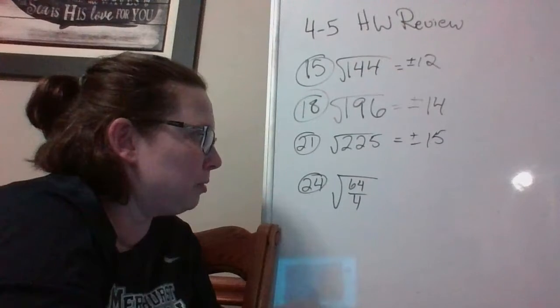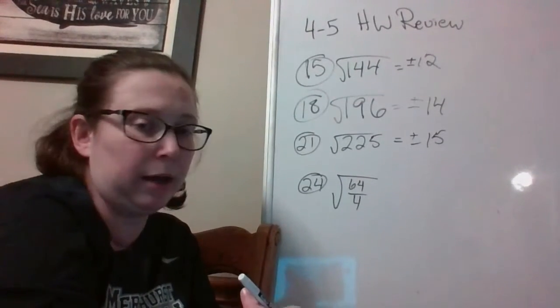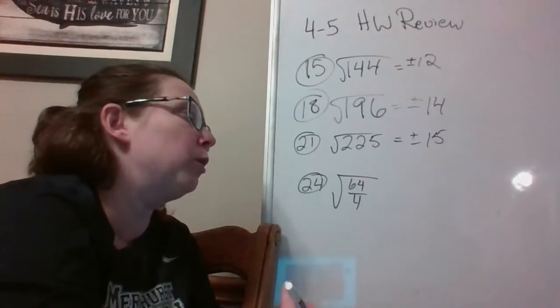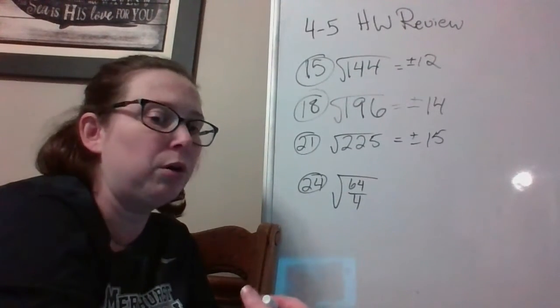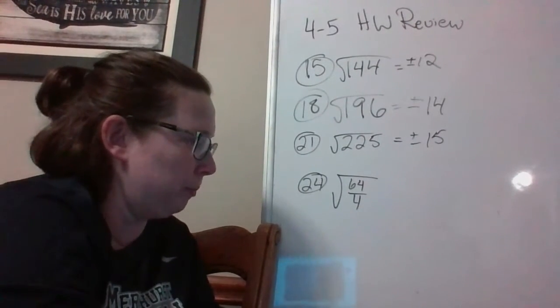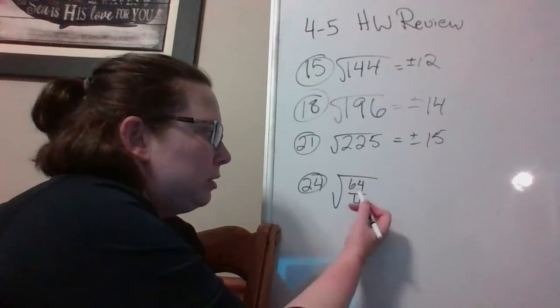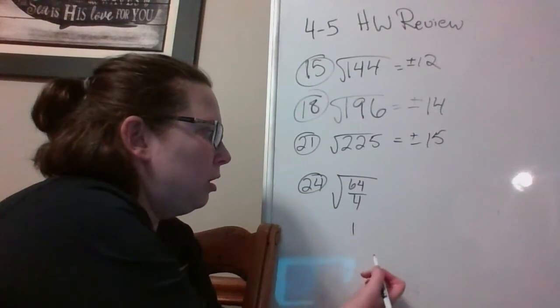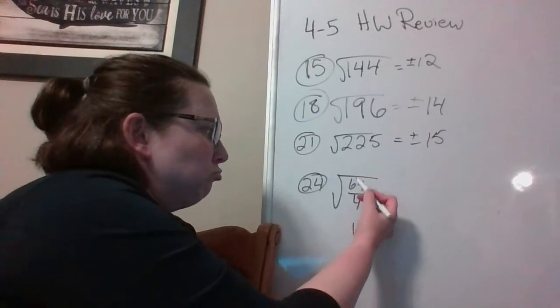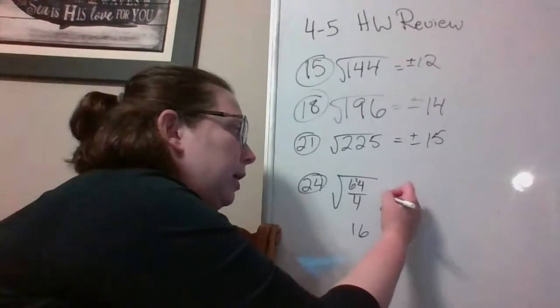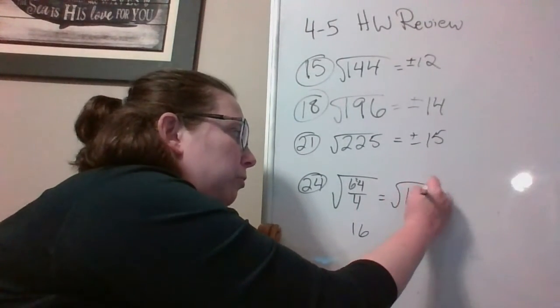We can do this in a couple of ways. We could divide by 4 and then take the perfect square root, or we can take the square root of 64 and the square root of 4. So if we were to divide this out, 64 divided by 4 would be 16. So we can take the square root of that.